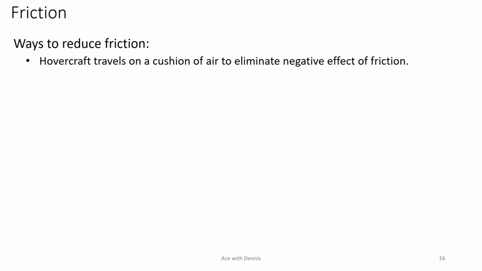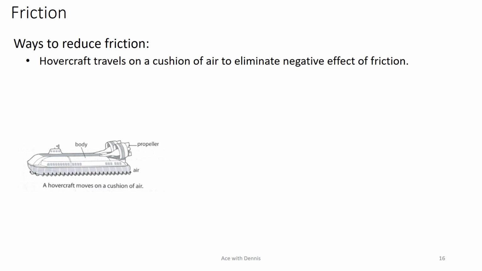First, a hovercraft travels on a cushion of air to eliminate the negative effect of friction. So this is the diagram of a hovercraft. You can see that it actually has a layer of cushion of air at the bottom, and there is a propeller to make it move forward.